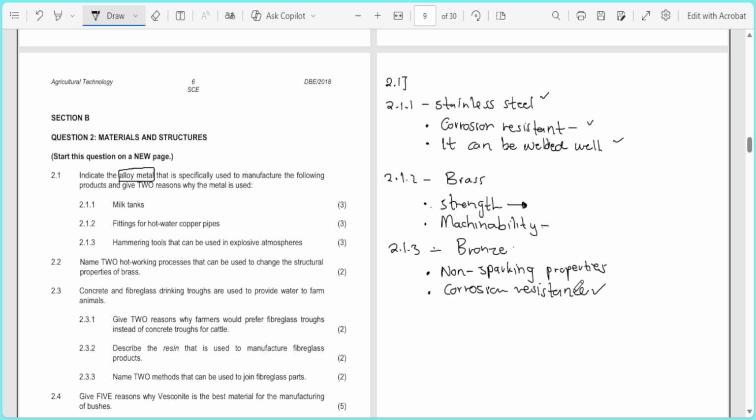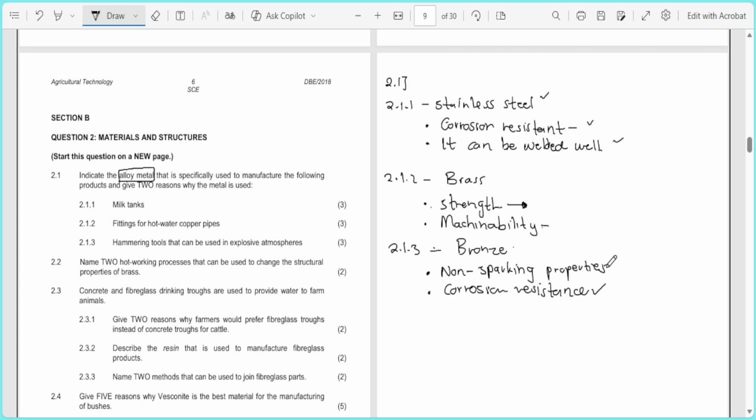Okay, the non-sparking properties prevent ignition of flammable gases. If it was sparkable, it could actually cause explosions if it was next to flammable gases, vapors, or dust found in grain silos or fuel storage environments.